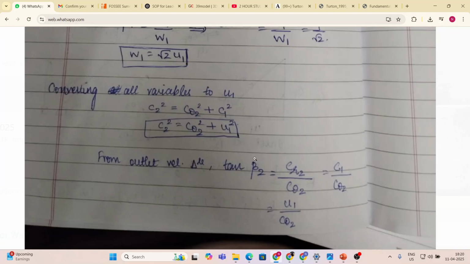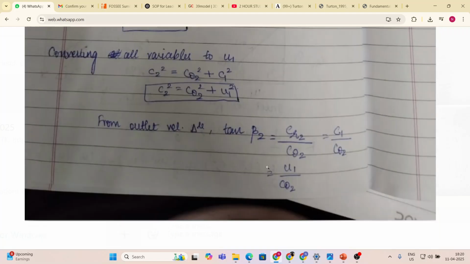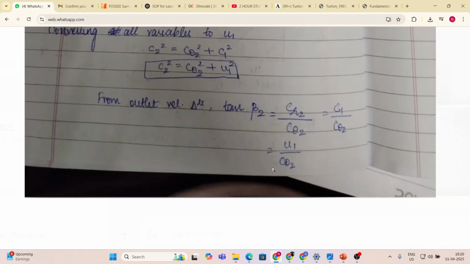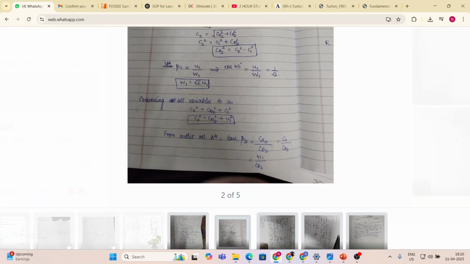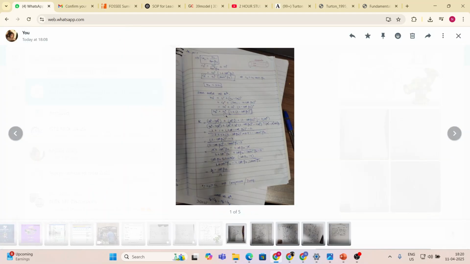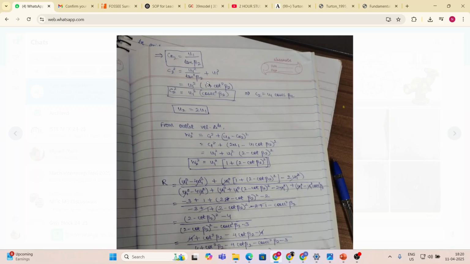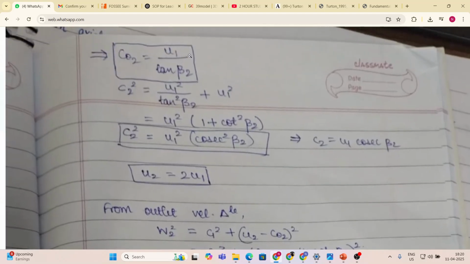Now for C2, I am taking tan beta 2, because beta 1 was initially given, so I was thinking that beta 2 would probably be there in the answer. From that we get C theta 2 as U1 by tan beta 2, which can also be written as U1 cot beta 2.